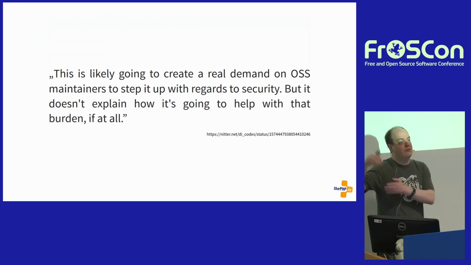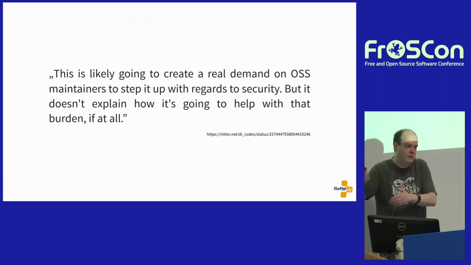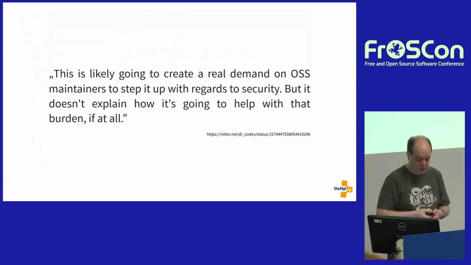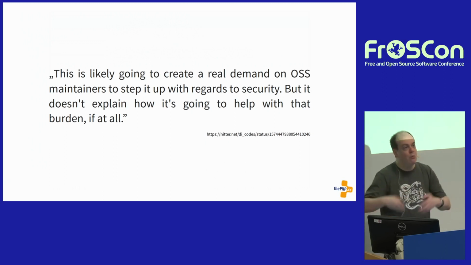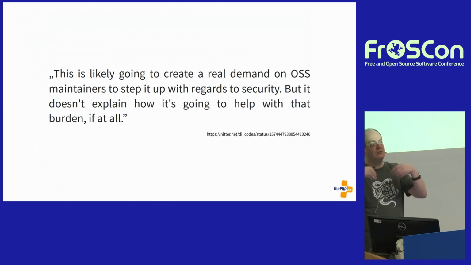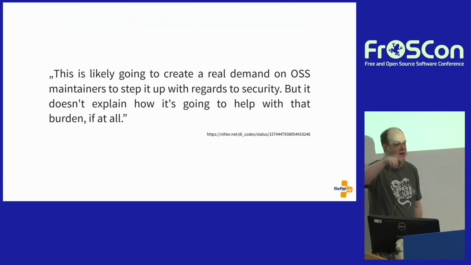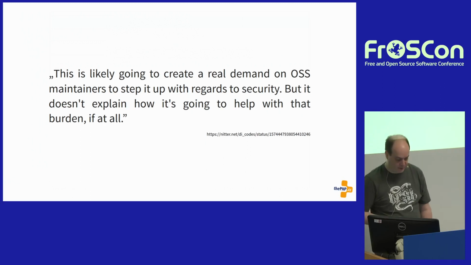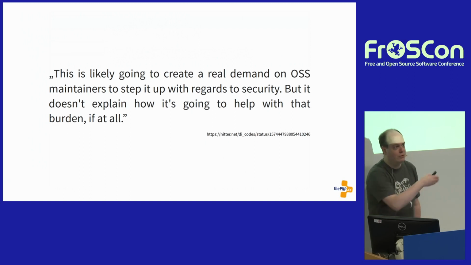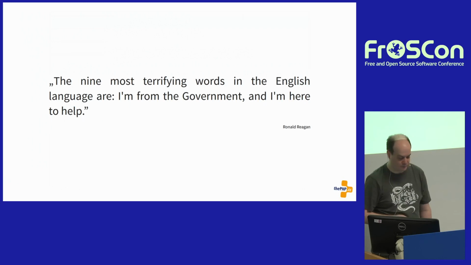So it puts a lot of burden on open source software developers, as if open source developers had not enough burdens already. Do more for security so that companies must do less, because they can say, I use this open source library and they need to, by law, put these security measures in place, so I can rely on that. I do not need to pay for that. Yeah, but there's no provision in there how to help open source maintainers with that burden.